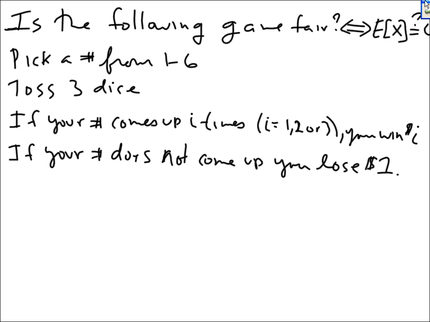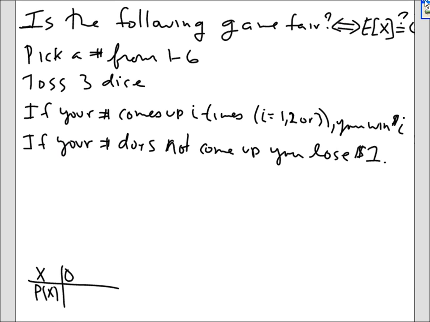Remember, the expected value is x times p of x. We write down all the values x can be and their probabilities. X is how much you win. Well, you can win -$1, that means you lost. Or you win $0, that means your number didn't come up at all.